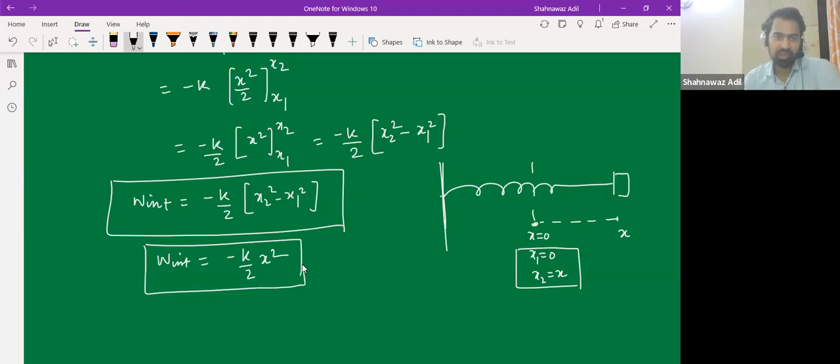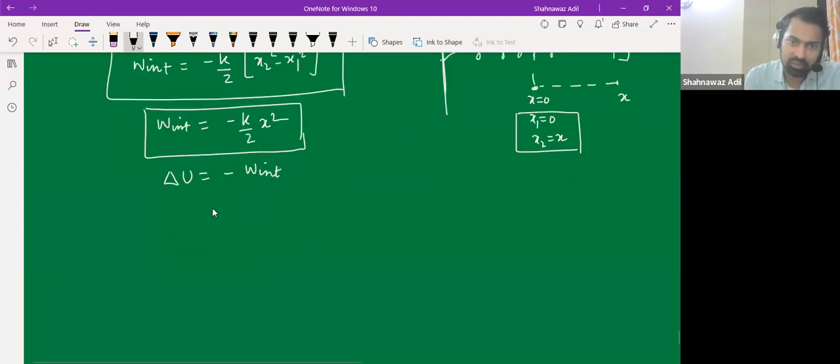Yes, sir. So if I calculate the change in energy, this would be minus of W internal. So this is half kx square, right? And again, U2 minus U1. At U1 position, my potential energy is 0.